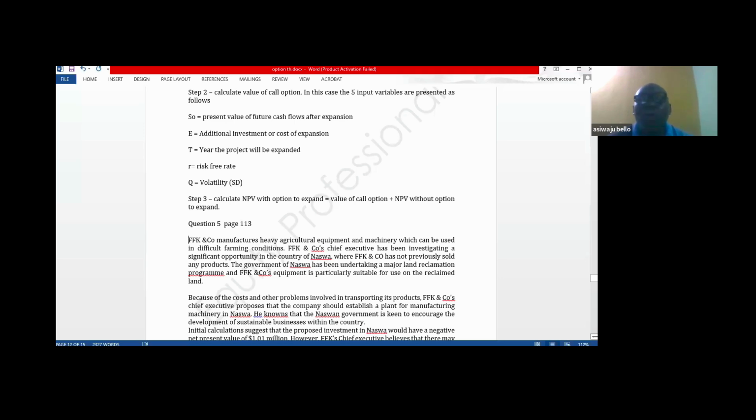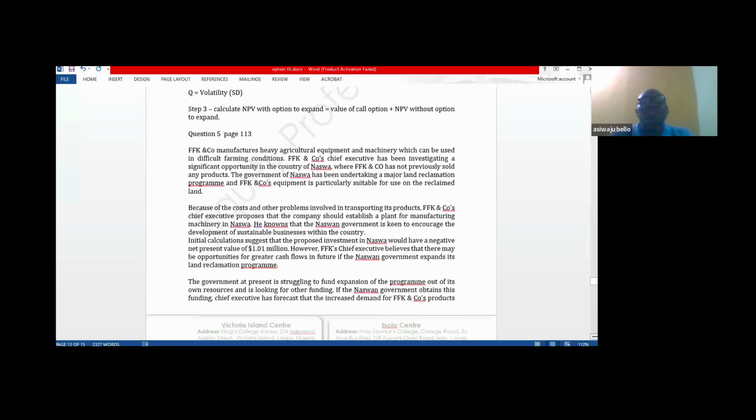The government of Naswa has been undertaking a major land reclamation program, and FFK equipment is particularly suitable for use on the reclaimed land.